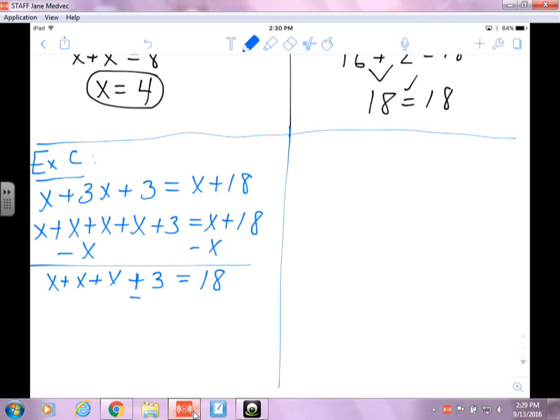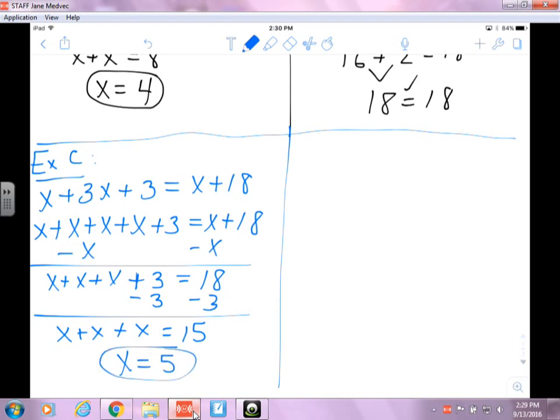Okay, so I'm going to go minus 3 minus 3. I get x plus x plus x equals, what's 18 minus 3? 15. And I end up with x equals what? 5. Excellent.